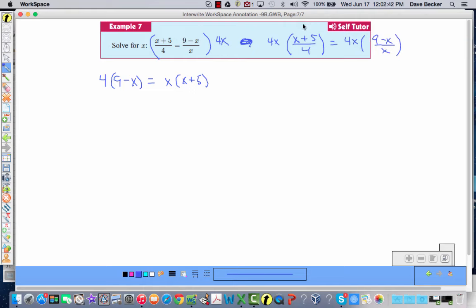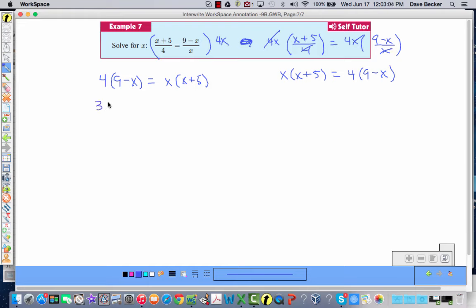And let's see what happens here. So 4, 4, and I get x times x plus 5. And then the x's cancel, and I have 4 times 9 minus x. Does that look familiar? You bet it does. It's the same equation that you have here. Cross multiplication is just a shortcut for doing this.